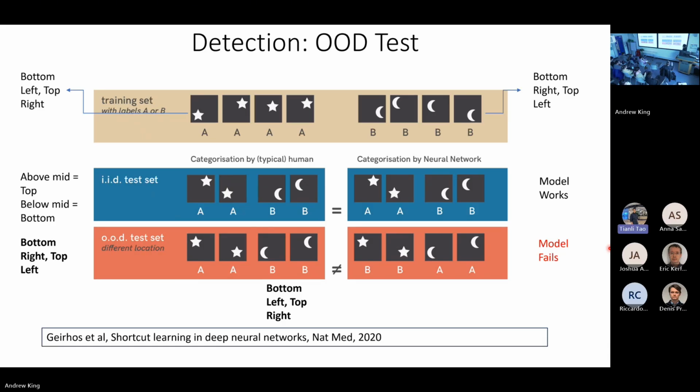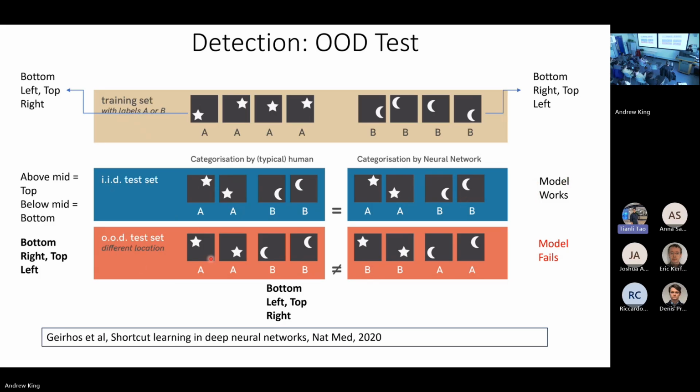So this is an out of distribution test, and here we have a training set with stars and moons. We can see that stars are present in the bottom left and top right corners, and moons are present in the bottom right and top left. If the test set is independently and identically distributed, so it has the same distribution, where we have stars on top right and bottom left, and similarly for moons, the model works well.